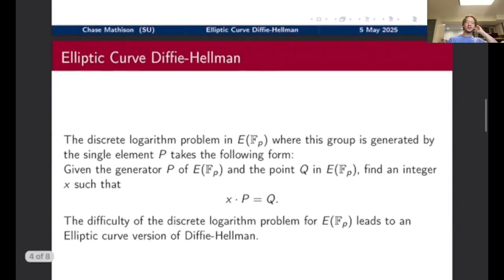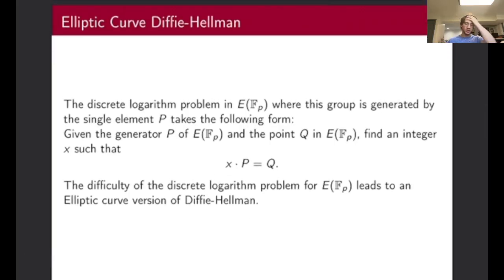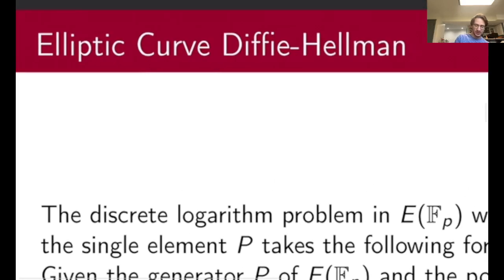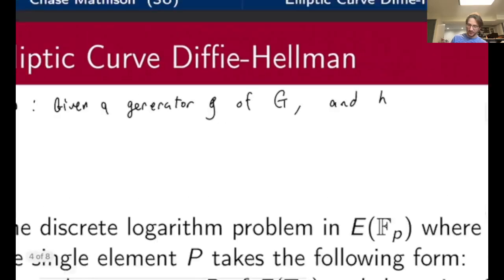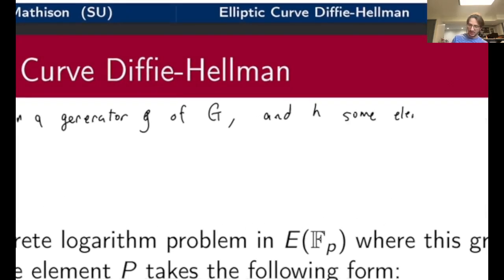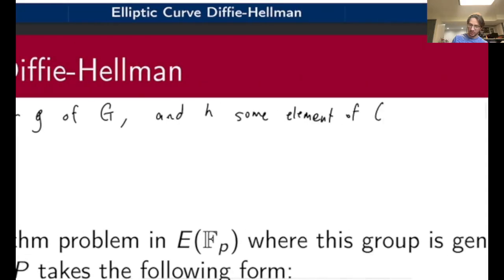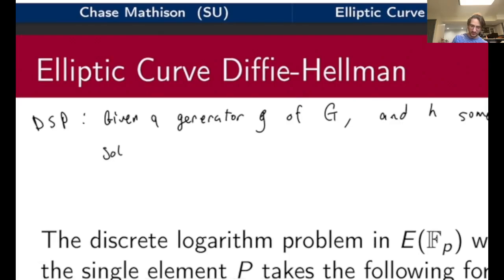So let's talk about the discrete logarithm problem really quick. As a reminder, for any cyclic group, the discrete logarithm problem is: given a generator g of the cyclic group capital G, and h, some element of the cyclic group capital G, solve g to the x equals h.